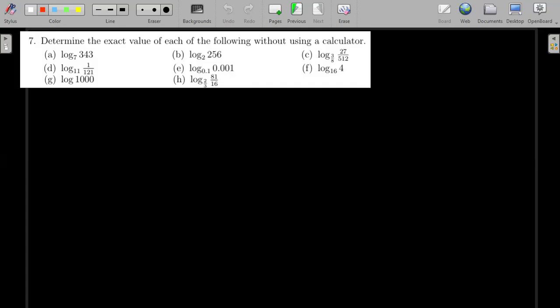Okay, it's like we are prophets now. So let's look at this one here. So A, we have log base 7, 343. Okay, so how can we find the answer there without using the calculator? Anyone with a suggestion? Okay, just using those properties that we talked about earlier. How can we find the answer there without using a calculator?